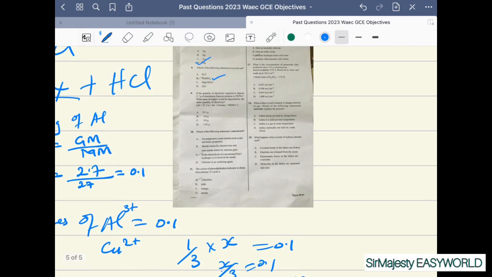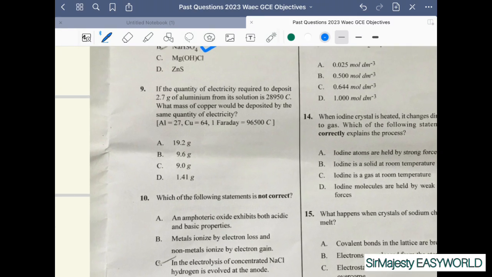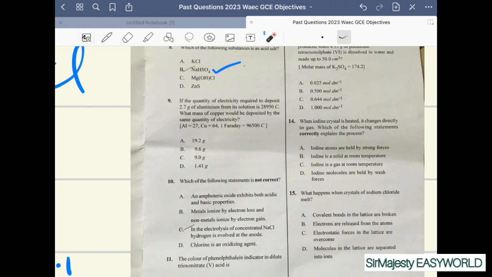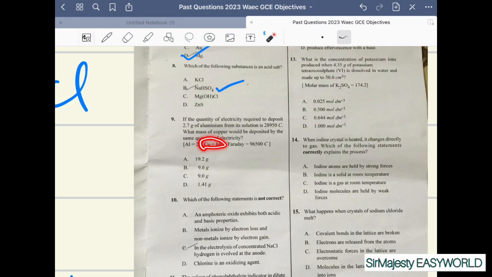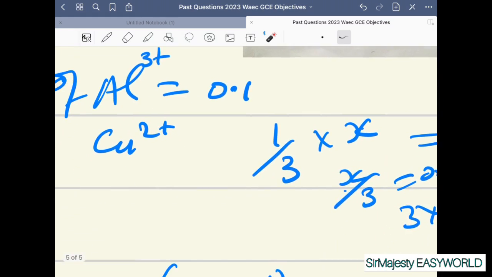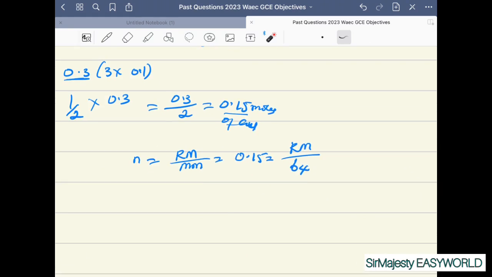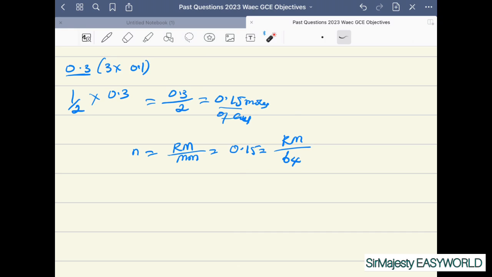It is given in brackets in that question, very clearly specified, as you can see here. That's 64. So we go back. 0.15 times 64, that's our Rm. Rm is equal to 0.15 times 64.